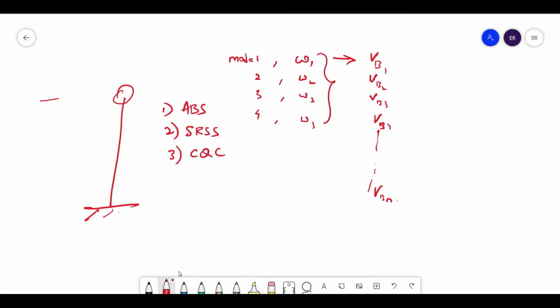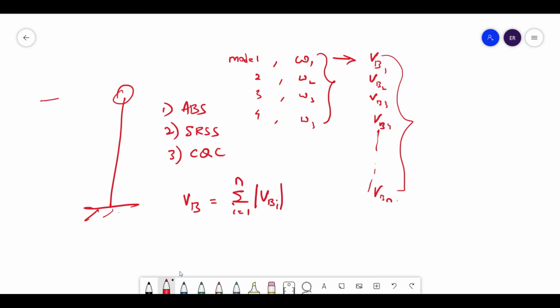In the ABS method, the final base shear, that is VB, is calculated as the sum from i equals 1 to n of mod VBi. So the sum of all this gives you the maximum base shear.